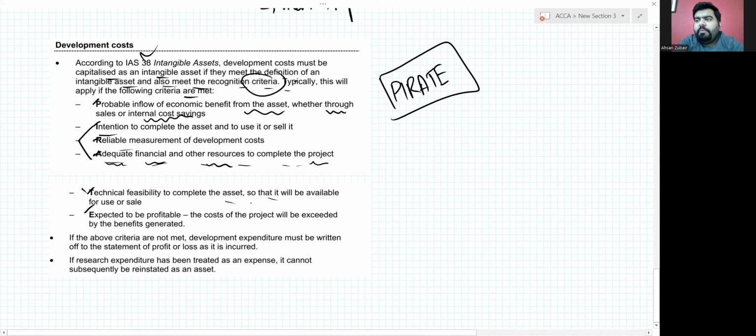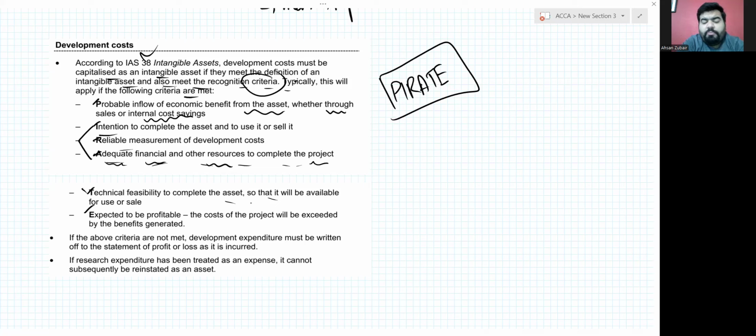Proper equipment is needed to complete this development, but the equipment is not available. So technical feasibility is very important to complete the asset so it will be available for use or sale. Basically, if it's not feasible, it will not be classified as an asset.